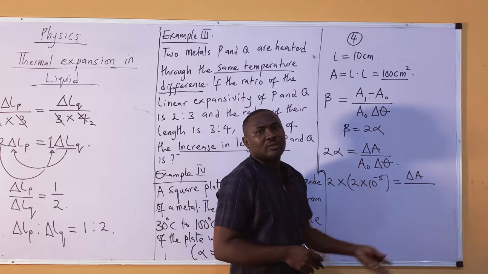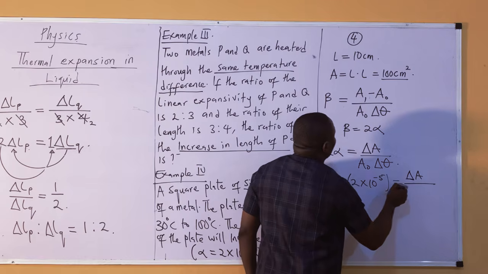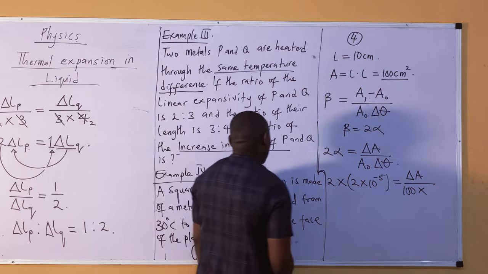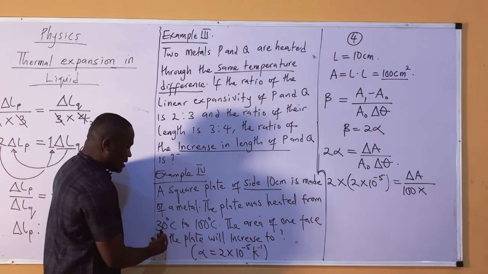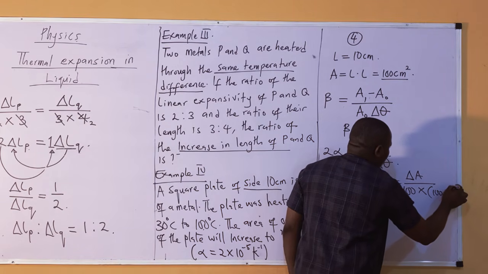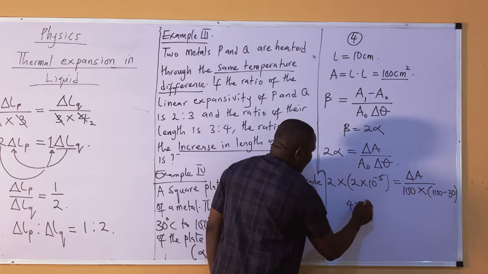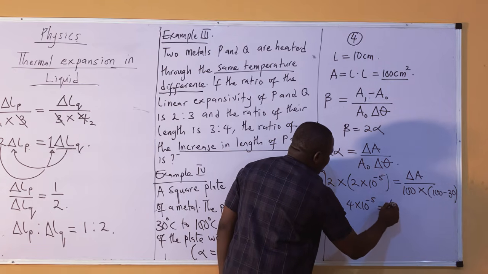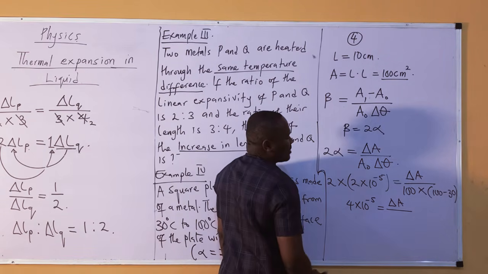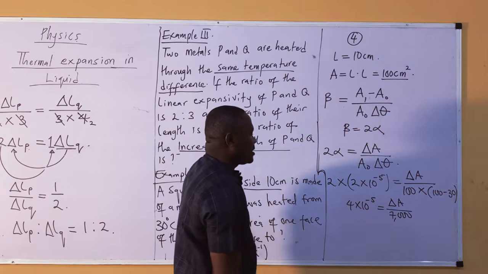If my options are in centimeters square, I can leave it that way. But I can also solve to the end and convert it to meter square. So it becomes over the original area, which is 100, times the change in temperature, changing from 30 to 100, so open bracket 100 minus 30. So 2 times 2 is 4 times 10 raised to the power minus 5 is equal to change in area over 70 times 100, which is 7,000.